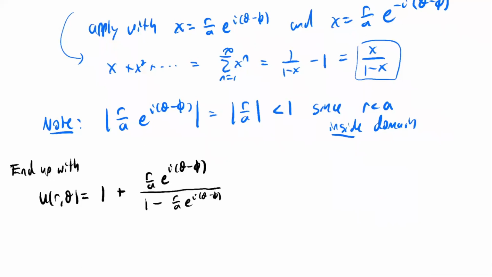This is the first formula applied with x equals r over a times e to the i(theta minus phi). And then for the second sum, I get an analogous term: r over a times e to the minus i(theta minus phi), over 1 minus r over a times e to the minus i(theta minus phi).